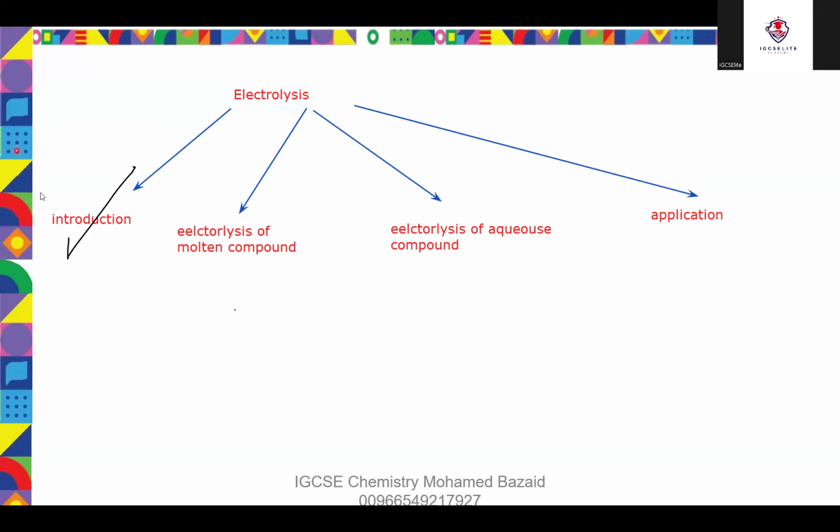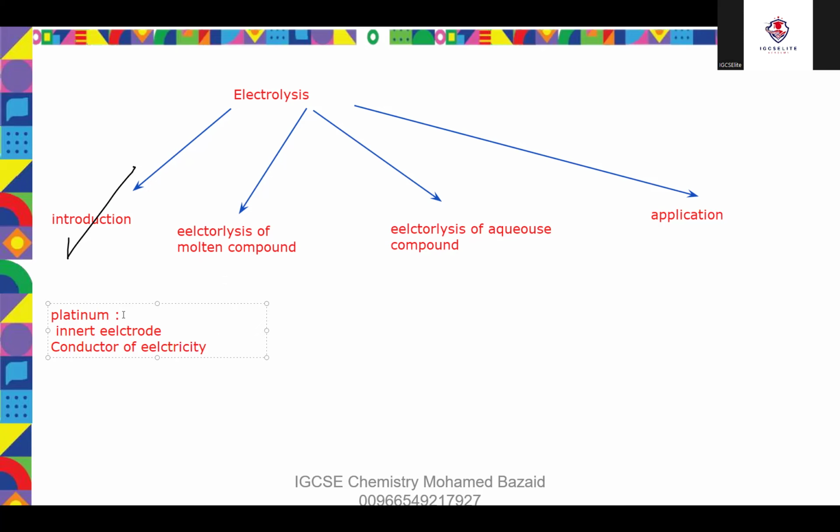The most important question, why platinum and graphite? For 2 reasons. Why platinum? Because platinum is inert electrode. What is the meaning of inert? Inert doesn't participate in any chemical reaction. 1 mark. Number 2, conductor of electricity.